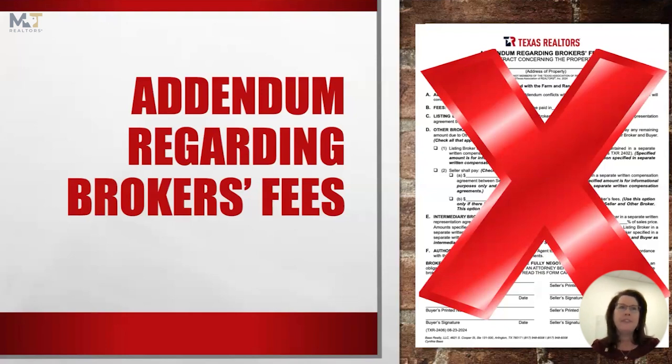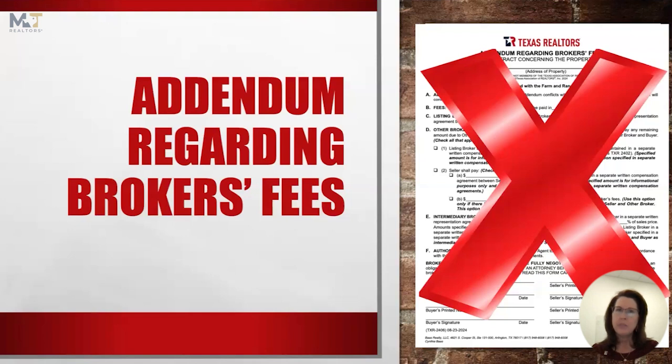Now, just to keep everybody up to date on these forms and these changes, there may be some other things coming along. But again, what we've talked about today has mostly been from TREC, with a couple from Texas Realtors. Because the industry is ever evolving, we will probably see some additional changes coming down the pike. So give each other grace while we're working through these changes.